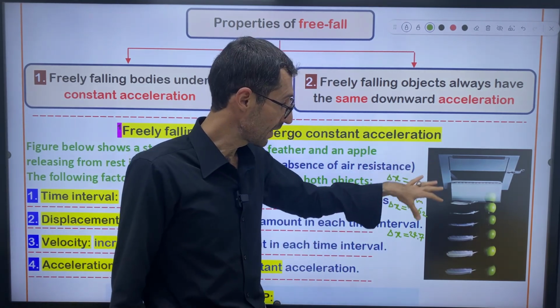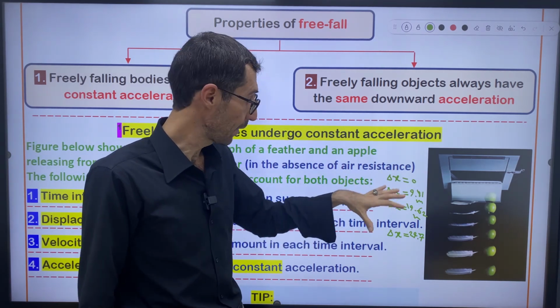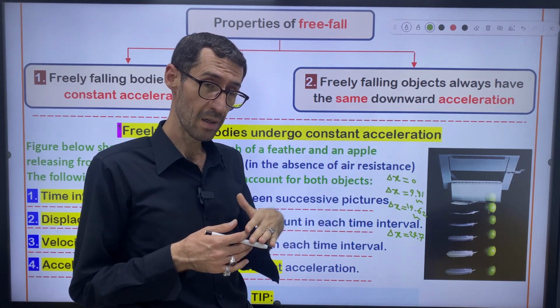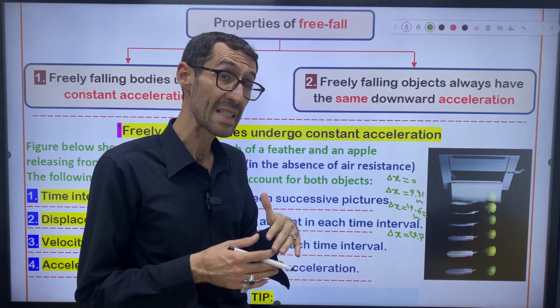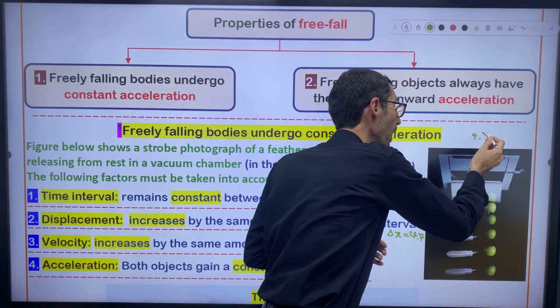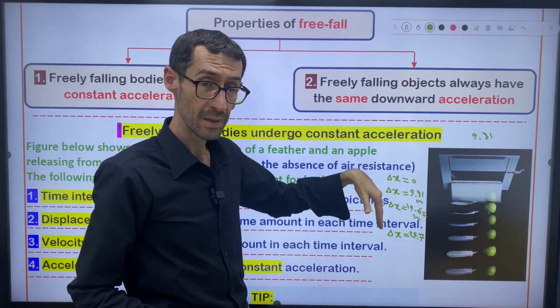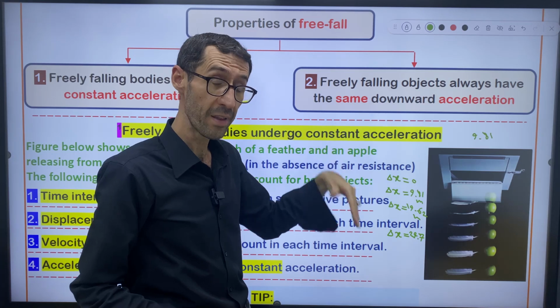The difference between velocities is constant, and the number is 9.81, and the direction is toward the center of Earth.